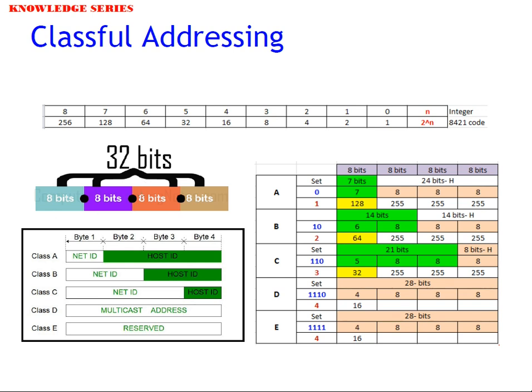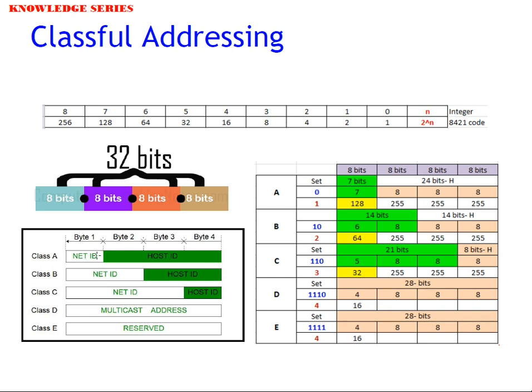Under this 32-bit grouping, we can further classify into class A, class B, class C, class D, and class E. What you have to understand is that in this form of classes, there are 2 sections: one is the network ID, and the other is the host ID.